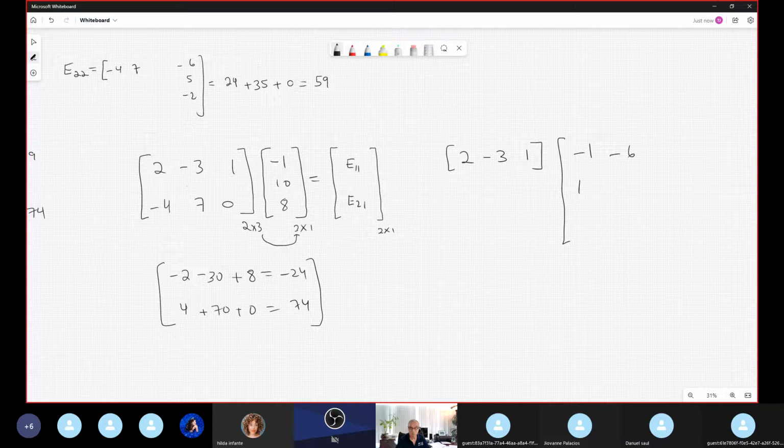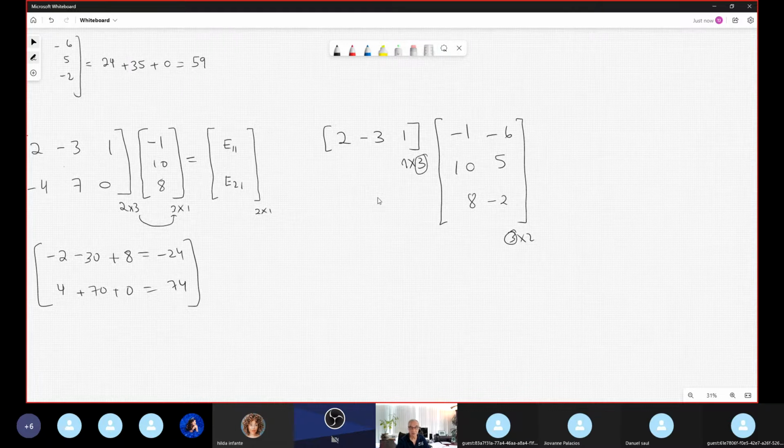Let me see if it's possible or impossible. First of all, I match the dimensions. This is 1 by 3, so this vector is 1 row 3 columns. Good. And the second is 3 by 2, exactly the same as at the beginning. These 3 match with these 3, and we expect a matrix that is 1 by 2.